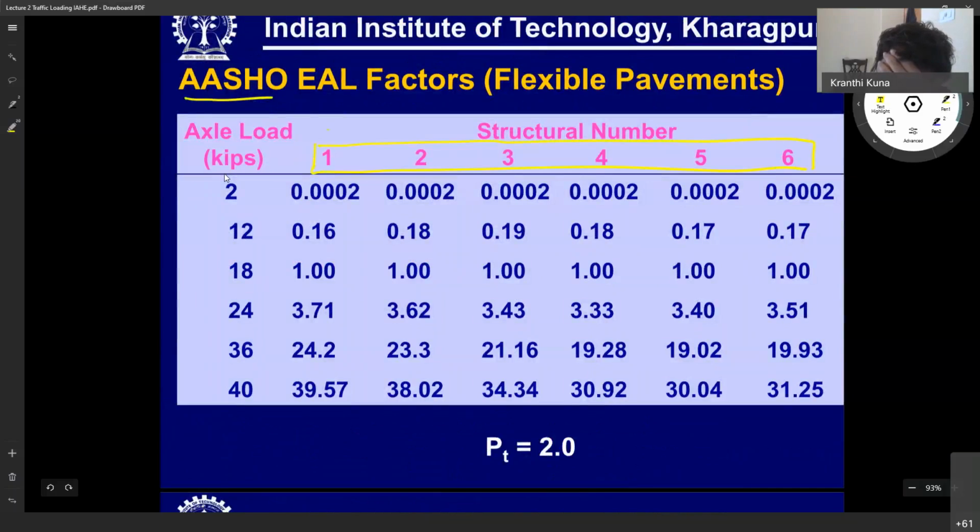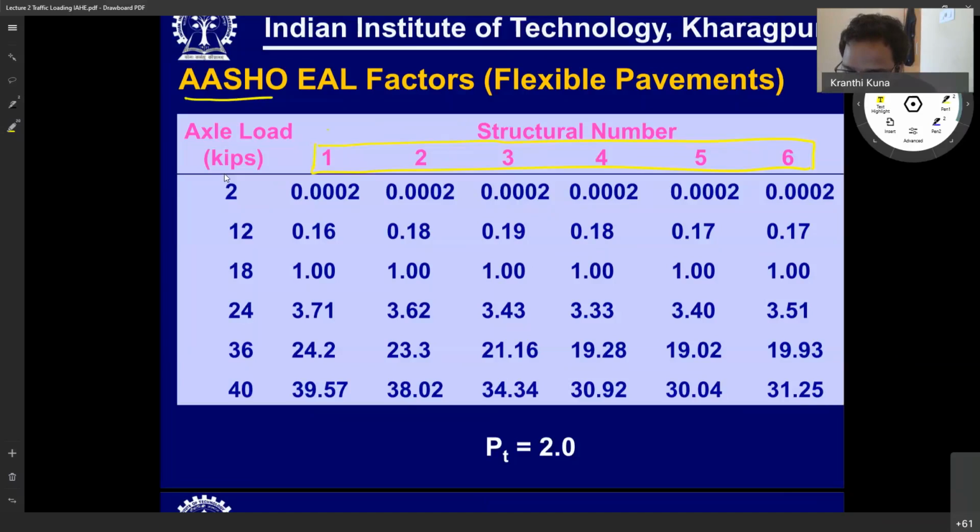So thicker the pavement. Sir, there is a vehicle damage factor in IRC 37. No, vehicle damage factor is slightly different from the axle load factor.